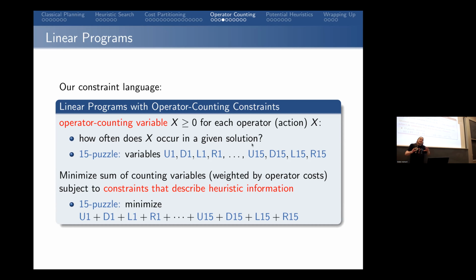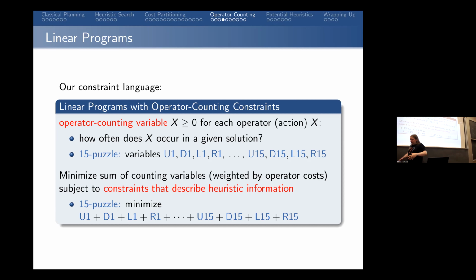There are different ways of splitting up the things you can do in a problem into such actions. Here, the level of granularity is that I have a different action for every tile in every direction I'm moving the tile. So for example, U1 counts how often tile 1 is moved up. R7 counts how often tile 7 is moved to the right.